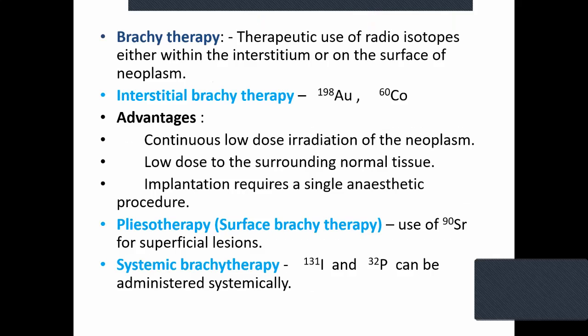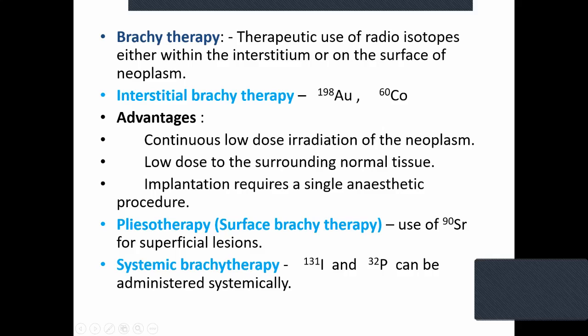Then the next one is brachytherapy. Earlier, in teletherapy, the source of radiation is kept at a distance from the target tissue. Here in brachytherapy, the source of radiation is in contact with the tumor cell. So this is the therapeutic use of radioisotopes that are implanted within the interstitium or on the surface of the neoplasm.